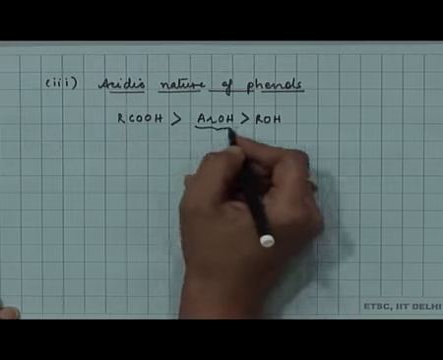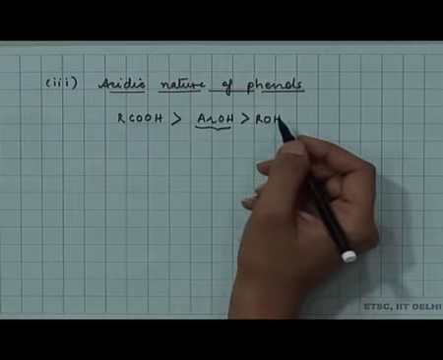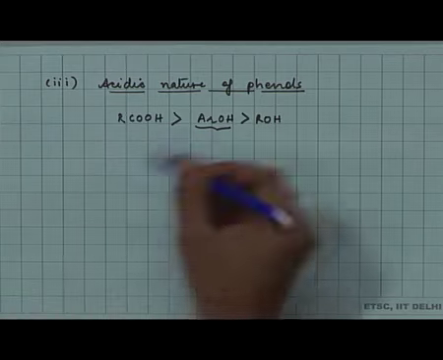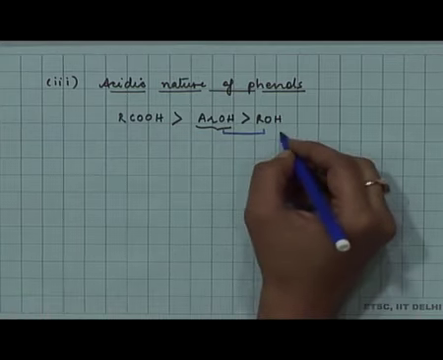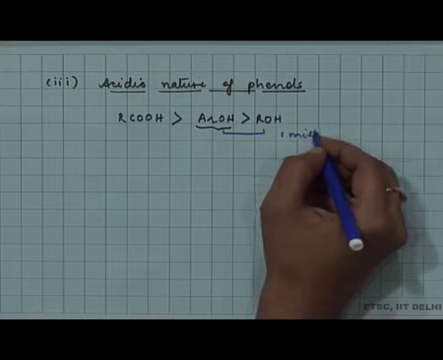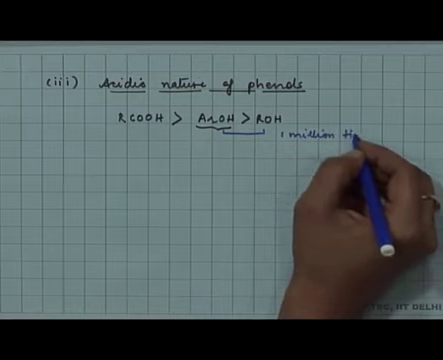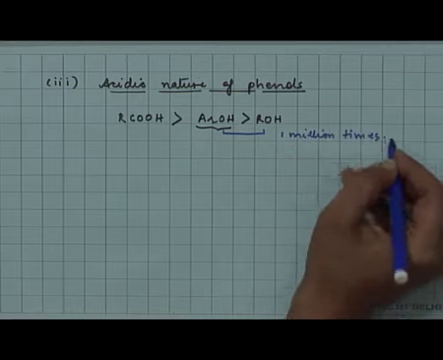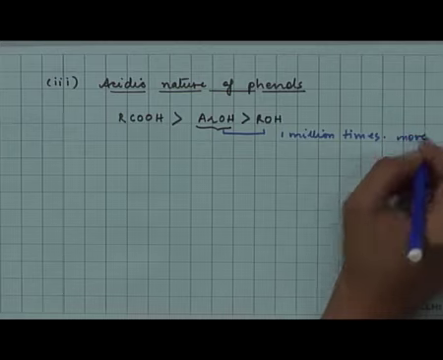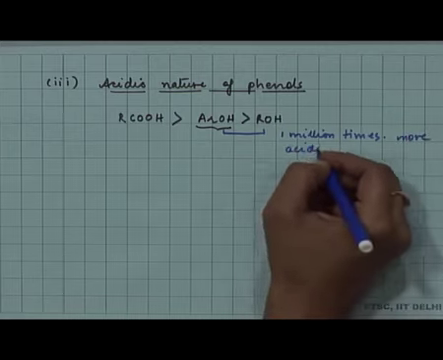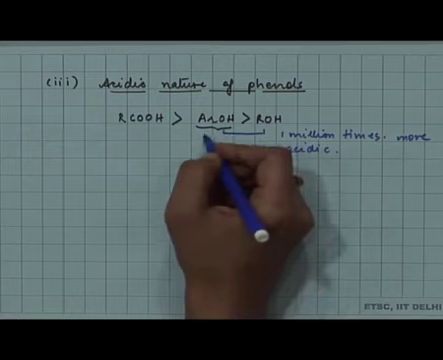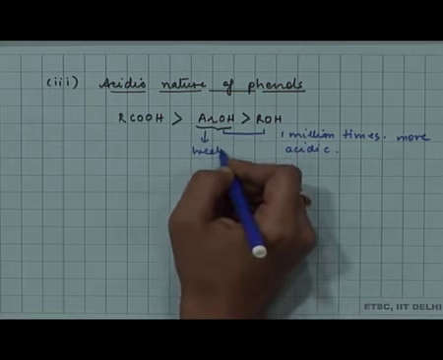The acidity of phenol lies between the carboxylic acid and the alcohol, but a phenol is about 1,000,000 times more acidic than alcohols, but still it is a weak acid.